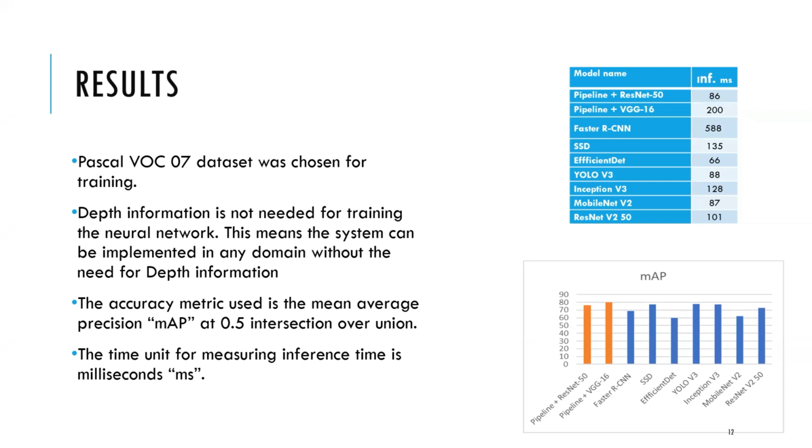So using ResNet, looking at the milliseconds, the time taken to detect the frames, we could see that ResNet did it in around 86 milliseconds, which is less than half the time needed by VGG16, and considerably less than ResNet 50. It was neck and neck with YOLO v3, because we tested with YOLO v3.